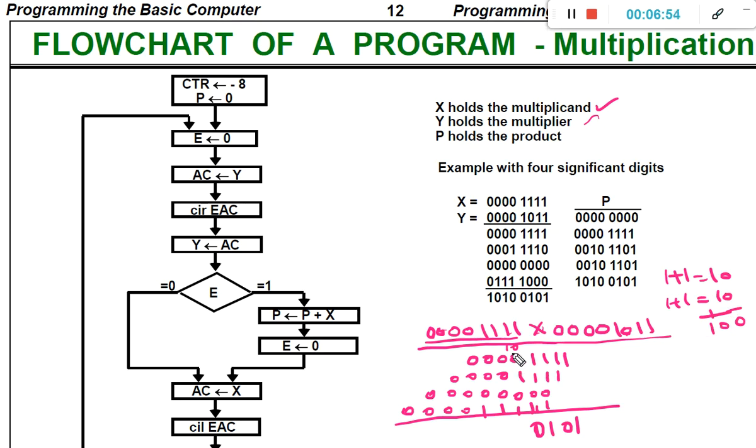Then 1 0 plus 1 1, once again 1 0 0. Next 1 0 1, which is 1 0 means 2, 1 means 3, so it will be the value of 3.